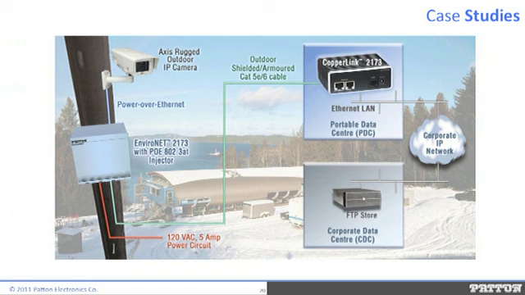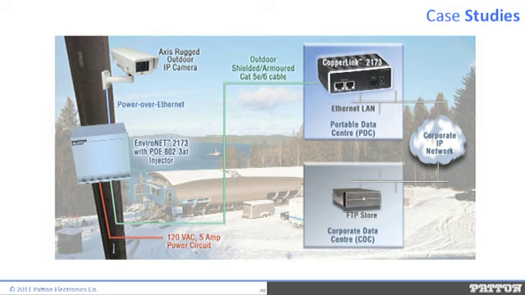Another interesting application we just recently completed was one that required the extension of Ethernet. Enbridge, a Canadian-based energy supplier, needed to capture time-lapse photography on their various construction site projects. The problem Enbridge ran into was really twofold.